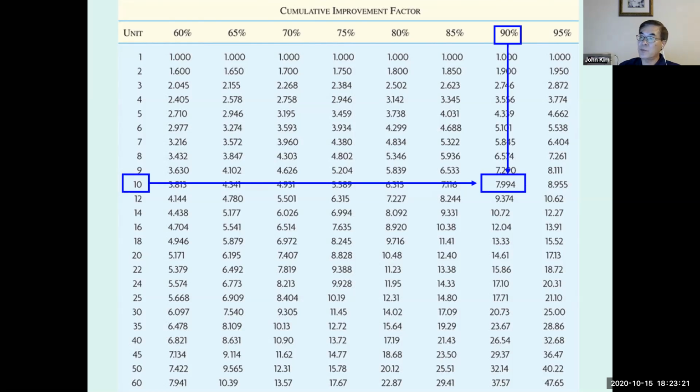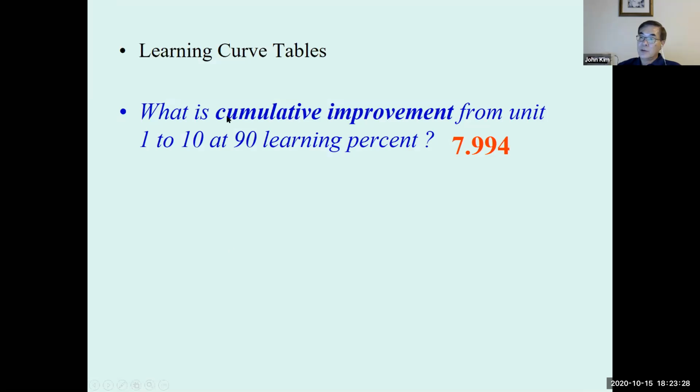The cumulative factor always runs from 1 to that unit number. Cumulative factor 10 means from 1 to 10. Cumulative factor 50 is from 1 to 50.